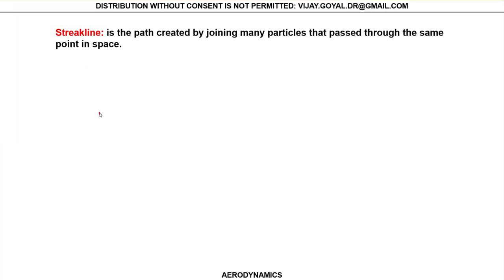Okay, then what we have is something we call the streak line. The streak line is a little bit different. It's similar but different. So consider this case. Let's suppose I have a particle A, and this particle A just comes and moves over here.